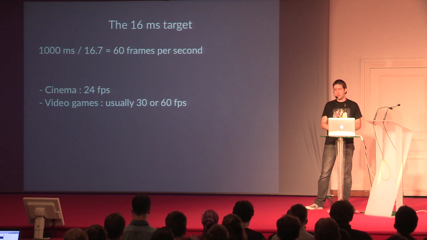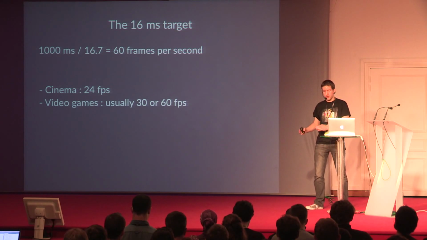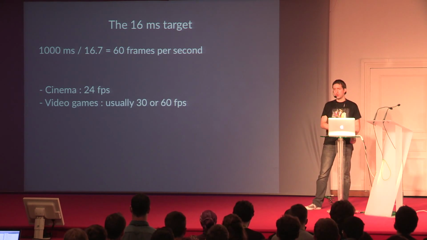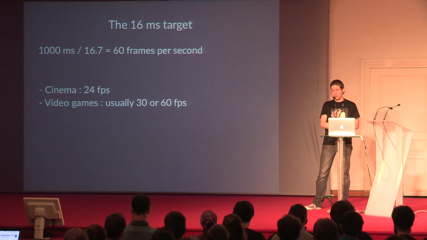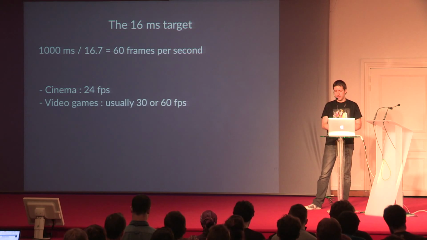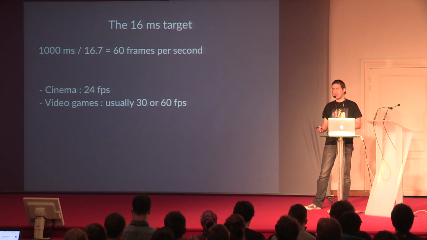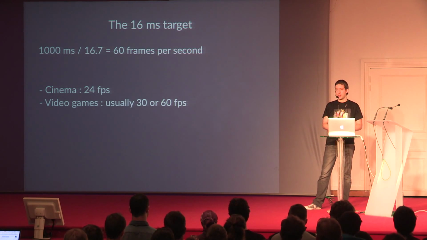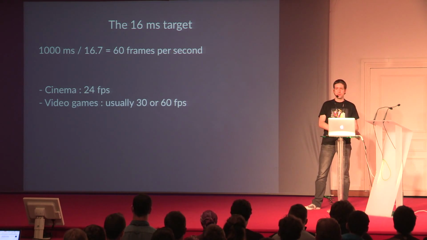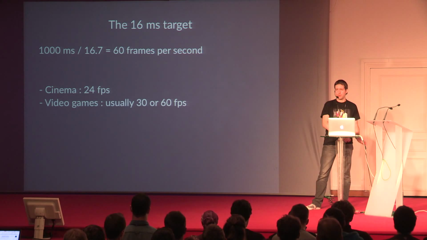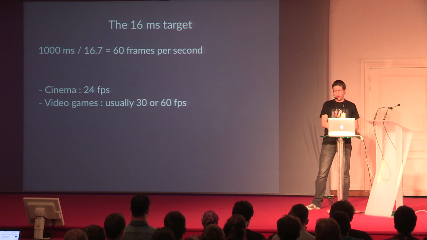And 60 images, one after the other, are more than enough to trick the eye into thinking that it is a continuous movement. If we compare to other kinds of use cases, we have movies. Movies are not 60 FPS, they are 24. And in fact, the first movies were even at 16 frames per second. It's very low.